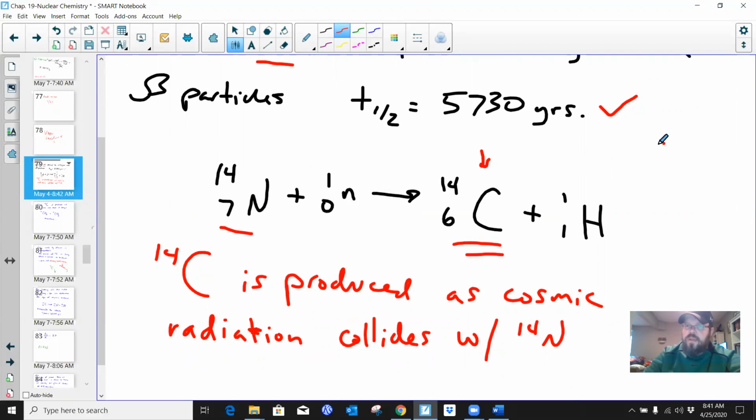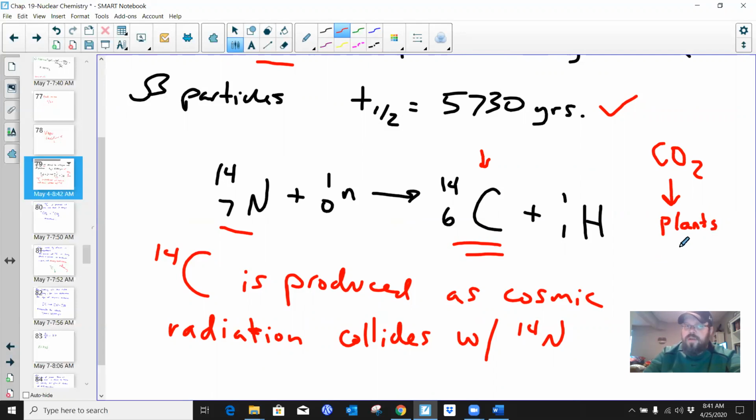Well, carbon-14 is present in carbon dioxide, okay? So atmospheric carbon dioxide is then used by plants and photosynthetic organisms as part of the process of photosynthesis.